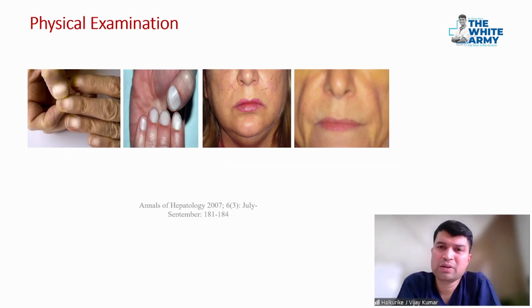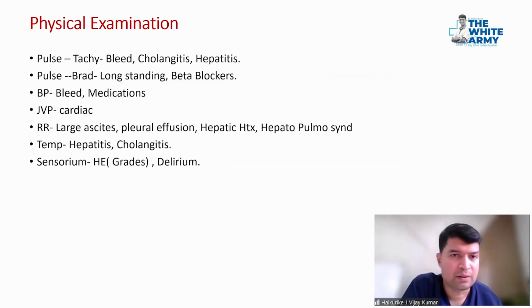Some other findings specific for alcohol include loss of axillary hair, gynecomastia, and even testicular atrophy. These are the things we mention in our findings, if present.